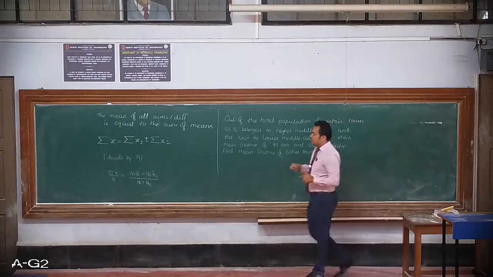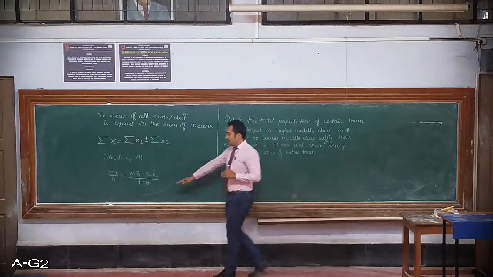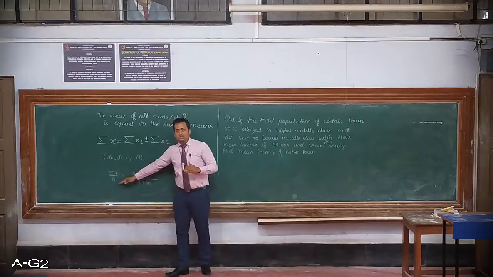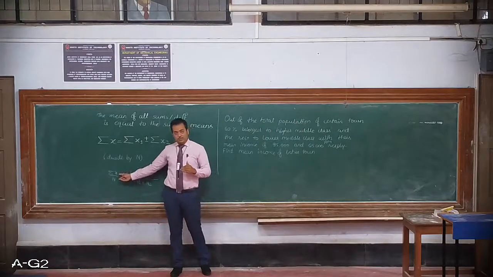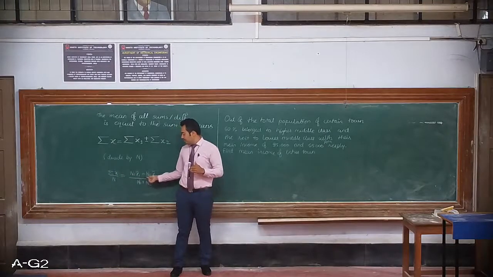So we are going to use the same formula. This is the mean of the entire distribution, summation of x by n, and we need to substitute the values here.